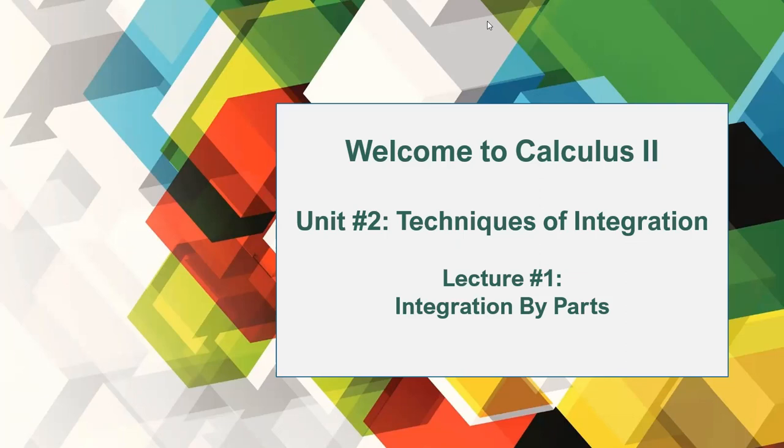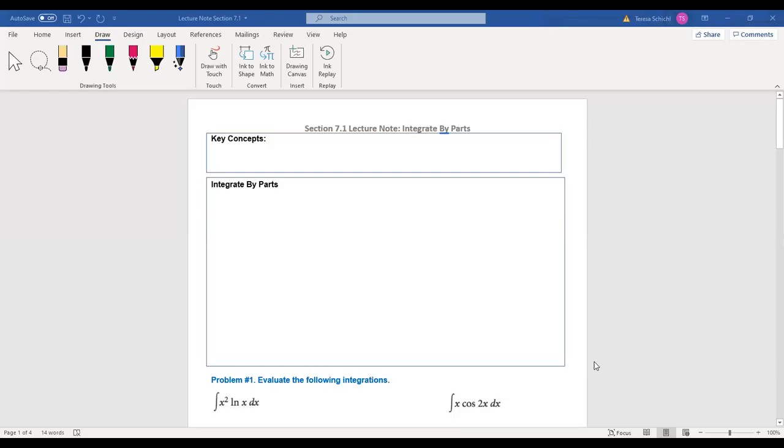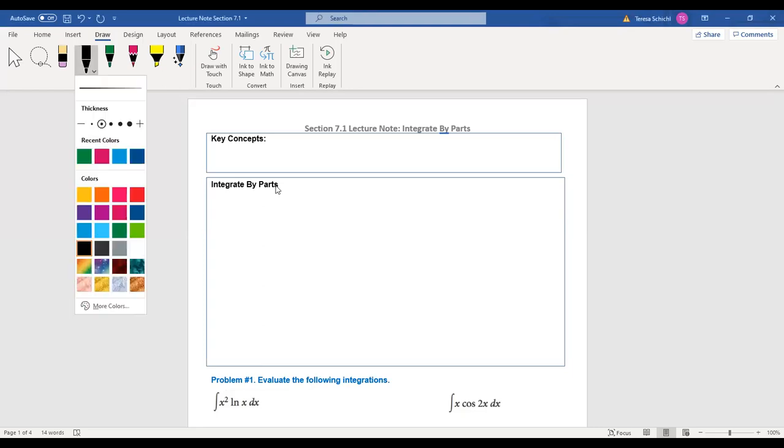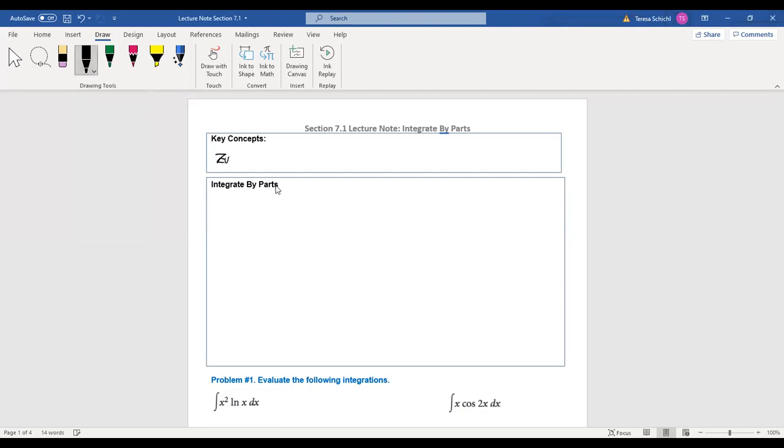Okay, so let's go back to our lecture notes and see what we're going to talk about, integration by parts, and what formula we can use. The key concept in this lecture is that we want to evaluate integrals by using integration by parts.